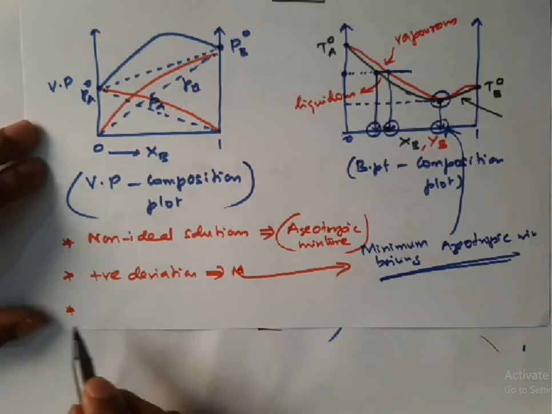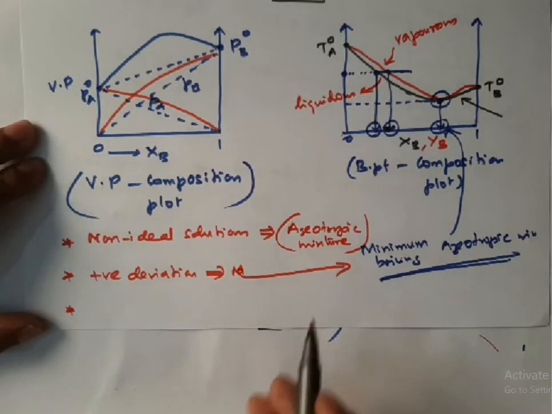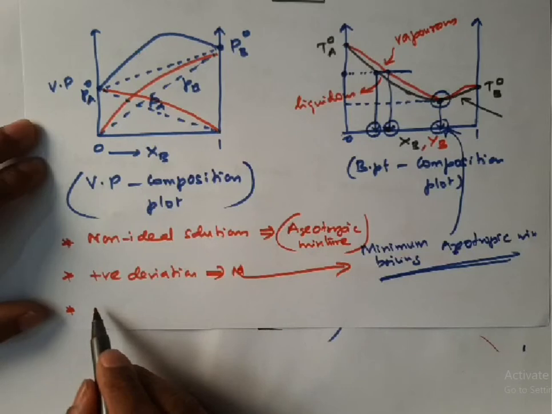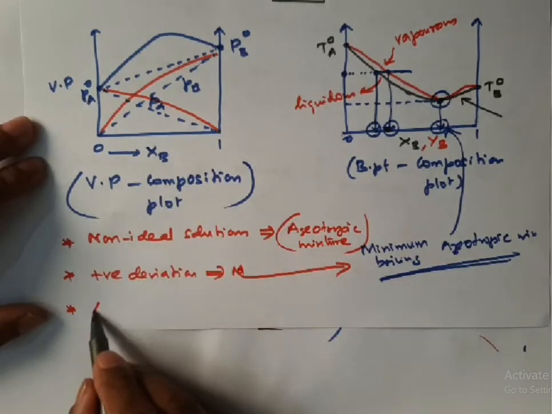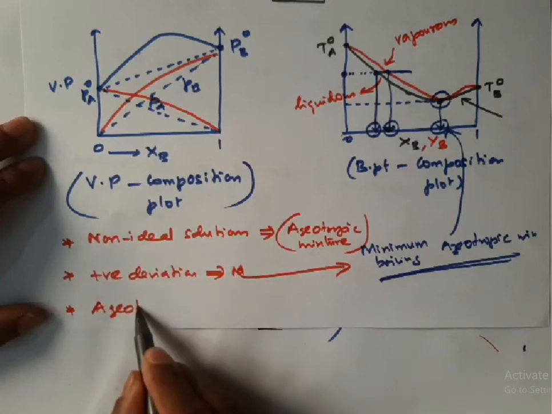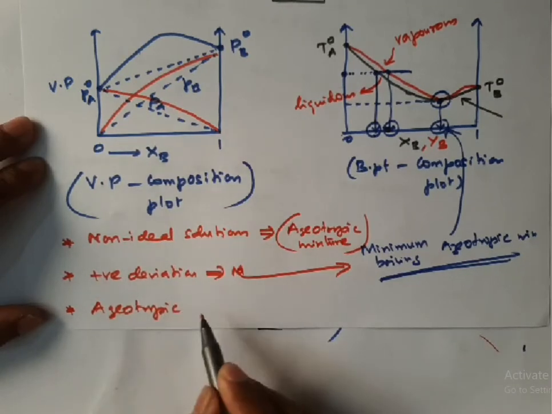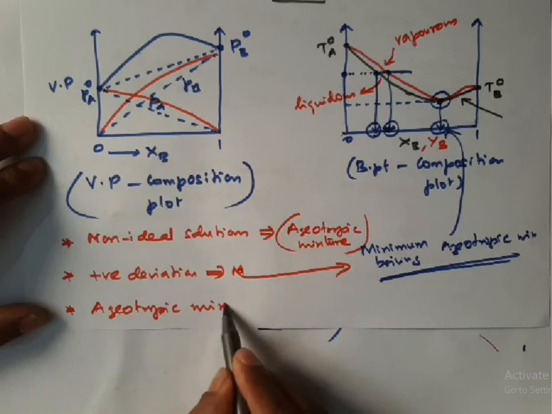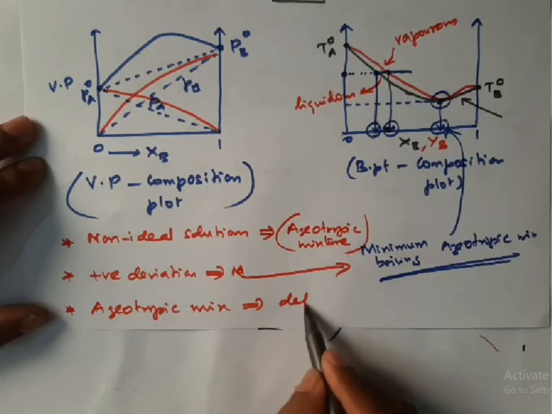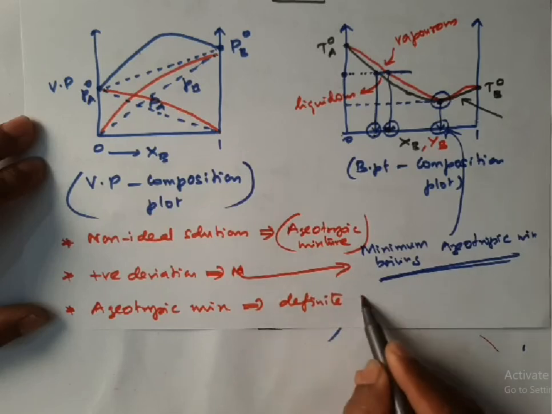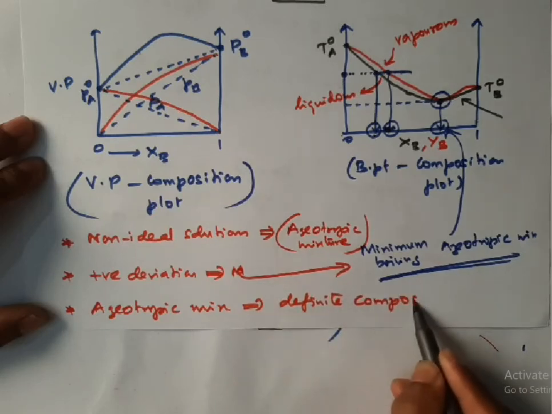A nice example is this. And remember, an azeotropic mixture has a definite composition.